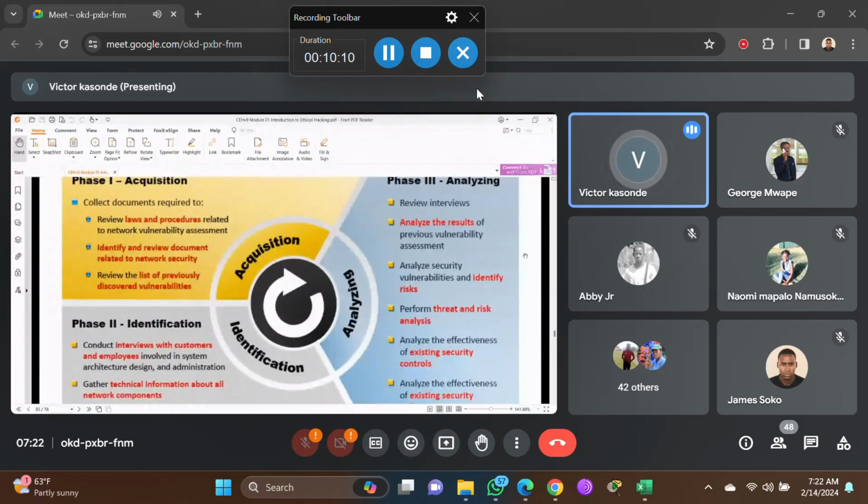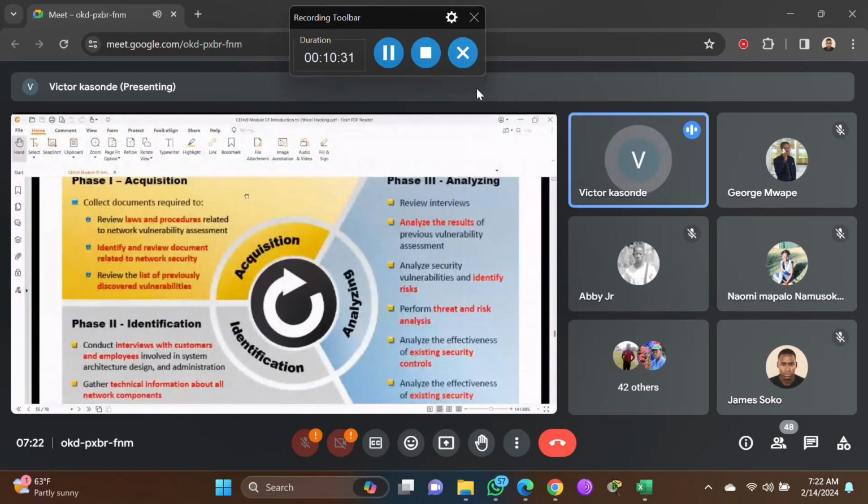So there is acquisition, that is phase one. Identification, that's phase two. And then analyzing whatever you have collected.